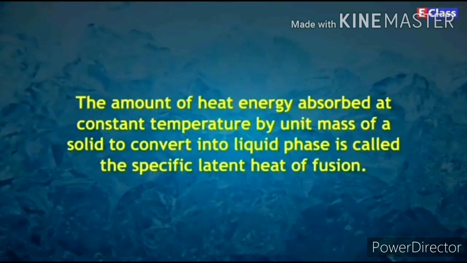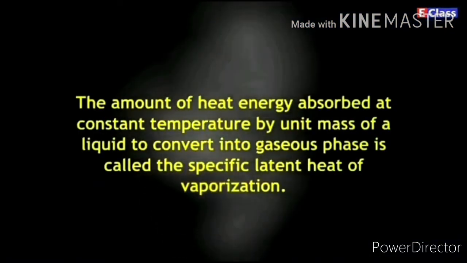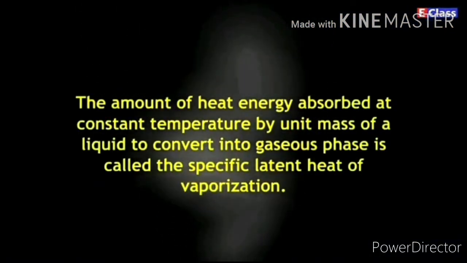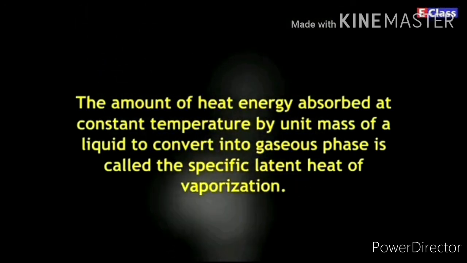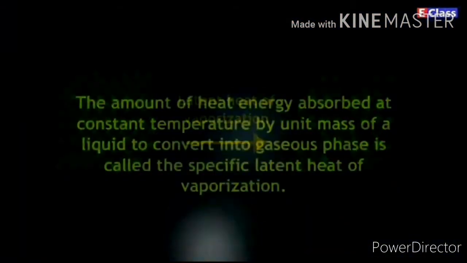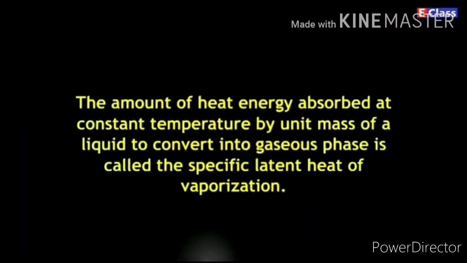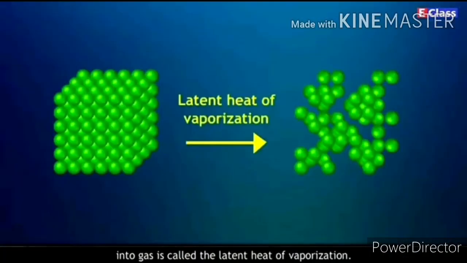Now, latent heat of vaporization: the amount of heat energy absorbed at constant temperature by unit mass of a liquid to convert into gaseous phase is called the specific latent heat of vaporization. So, keep revising the two definitions, specific latent heat of fusion and specific latent heat of vaporization.